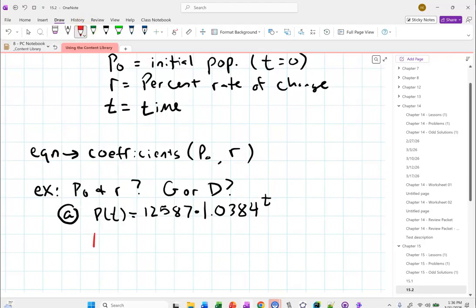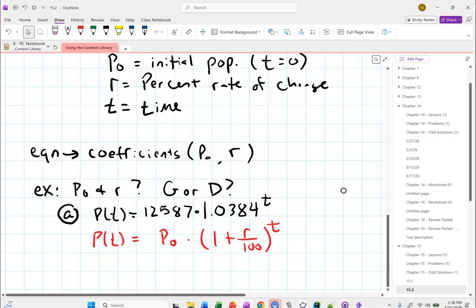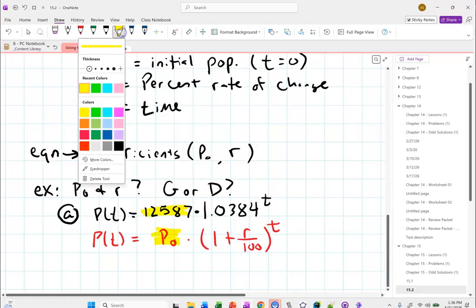Okay. So first thing, if I look at my exponential population model, I should be able to match up the parts with this, right?